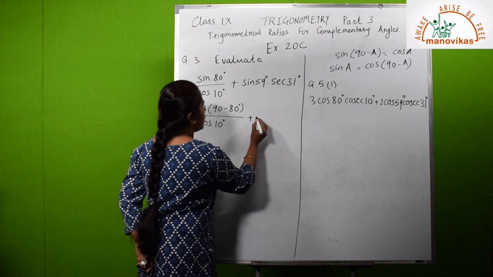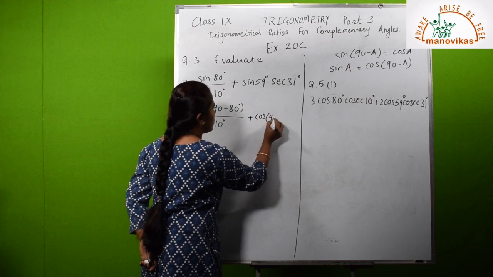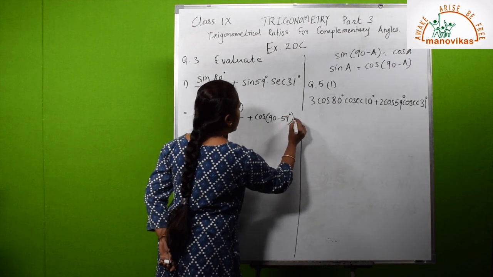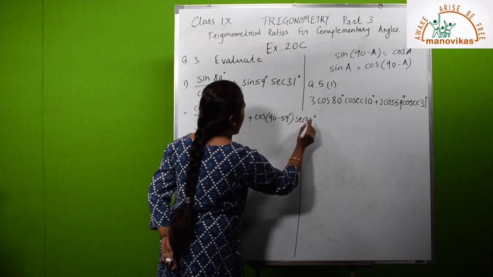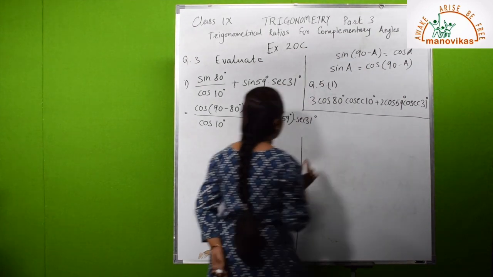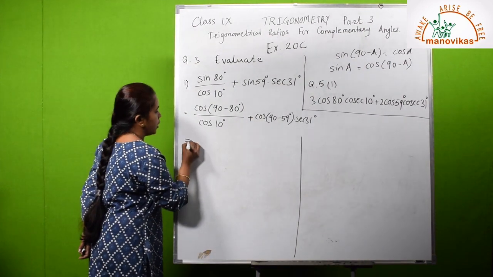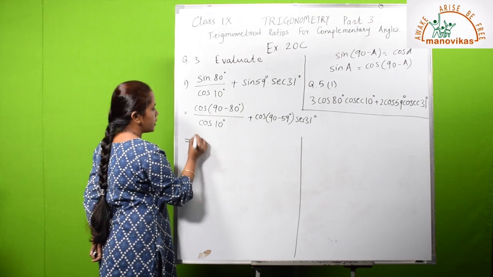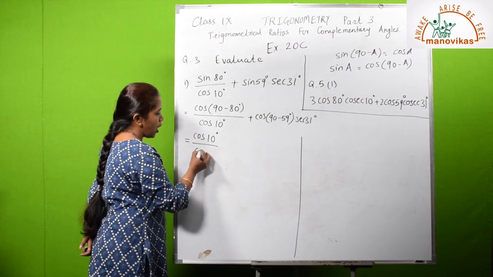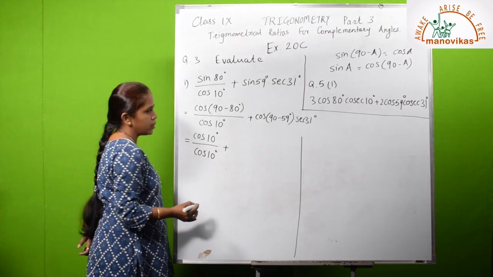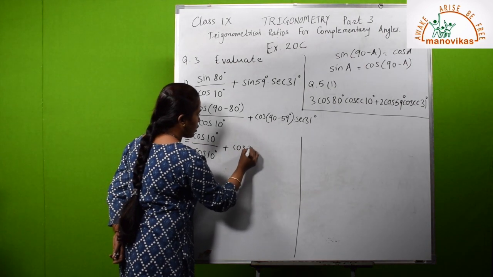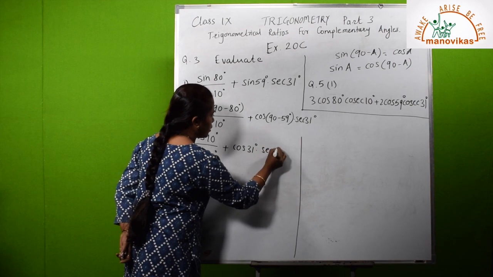Again sin A we can write as cos 90 minus 59 degree into sec 31 degree as it is. Okay. Now cos 90 minus 80, 90 minus 80 is 10 degree. So cos 10 degree upon cos 10 degree plus cos 90 minus 59, that is cos 31 degree into sec 31 degree.